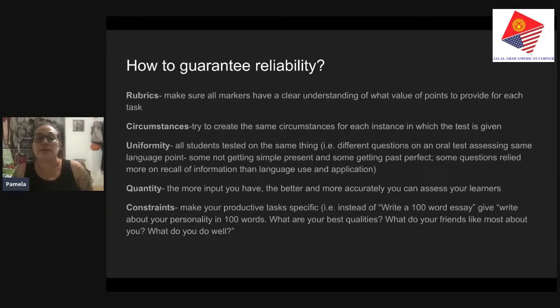And we don't want some questions to rely on recall of information more than language use and application. So make sure that it's not something that was in the text, like something about history or something about what some character in the book was talking about.